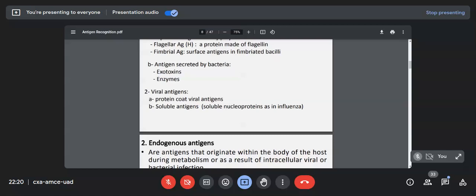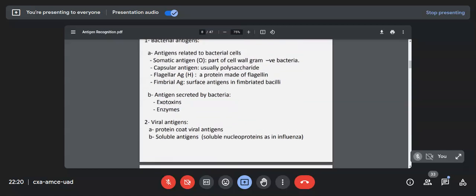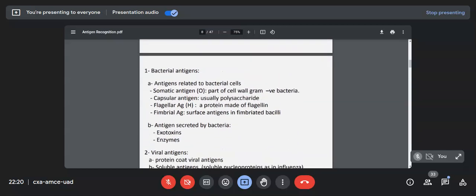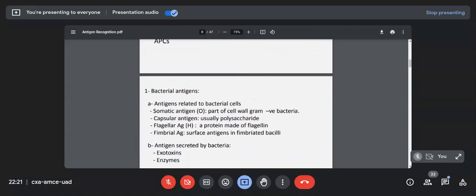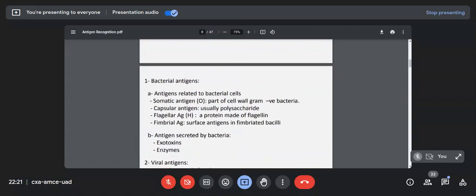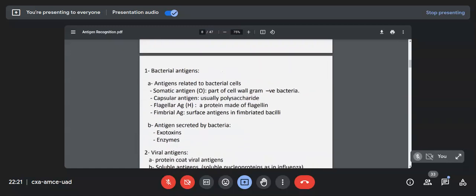Okay. Thank you. So now continuing with what I was saying. Under exogenous antigens, we're talking of antigens that come from outside the body of the living organism, isn't it? There are some examples of exogenous antigens that I'll give you. We have what we call bacterial antigens.